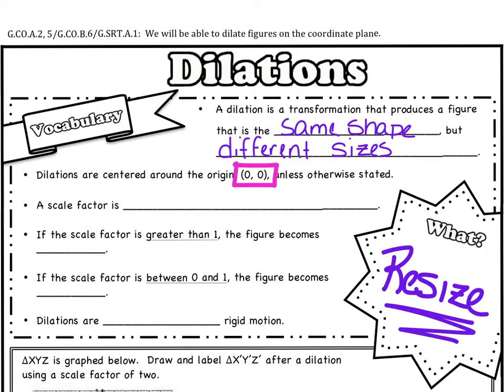Now, our third bullet that we have here talks about what is called the scale factor. And the scale factor is the key to a dilation. We define a scale factor as the amount of increase or decrease in the size of the figure.